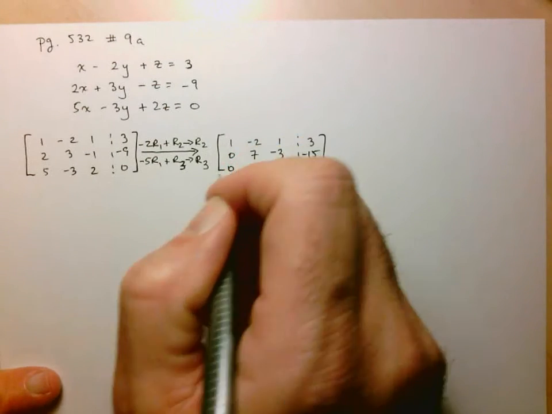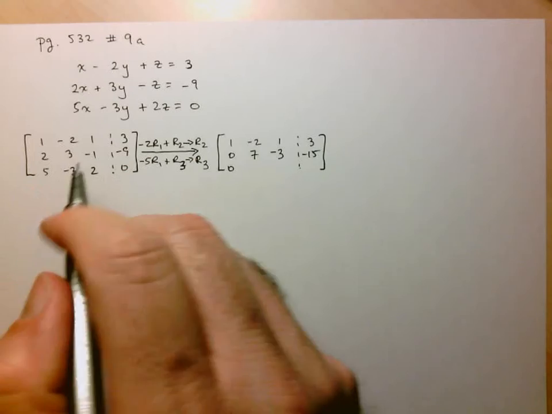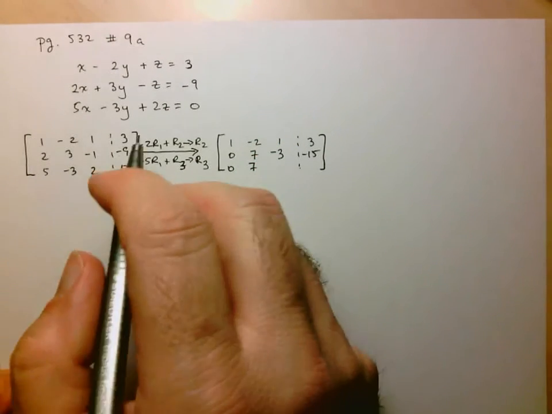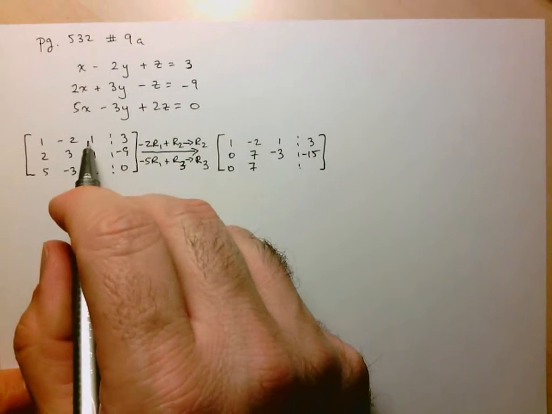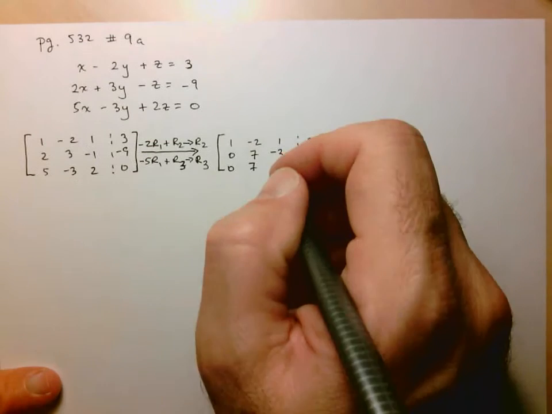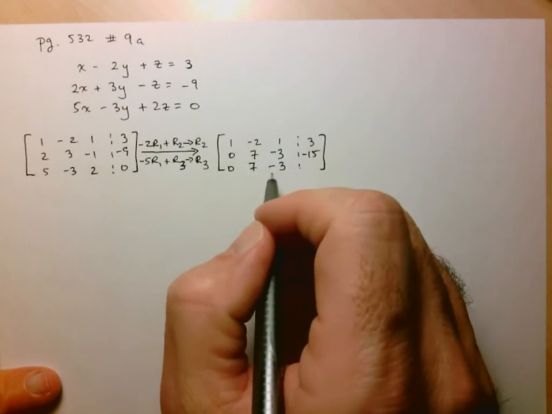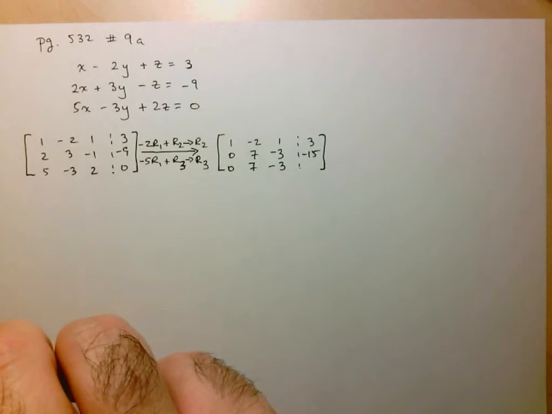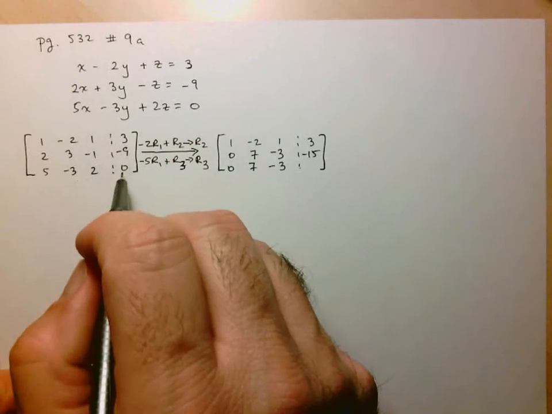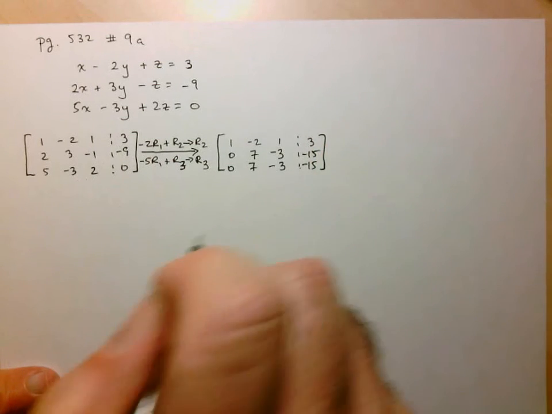-5 plus 5 is 0. 10 minus 3 is 7. -5 plus 2 is -3. This is already starting to look interesting, a little different from the one we did in class. Here you have -15 plus 0 is -15.